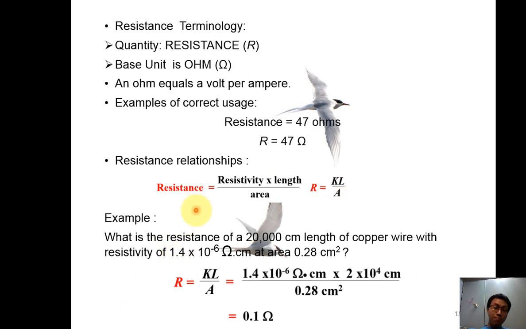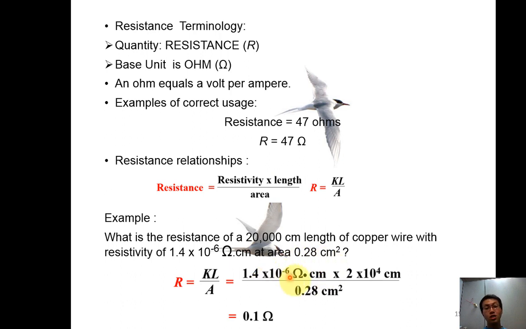So for example, what is the resistance of a 20,000 centimeter length of copper wire with resistivity of 1.4 times 10 to the power minus 6 ohm centimeter and area of 0.28 centimeter squared? So I use this equation, R equals ρL divided by A. What is the value of my ρ? ρ is my resistivity, so it's 1.4 times 10 to the power minus 6.